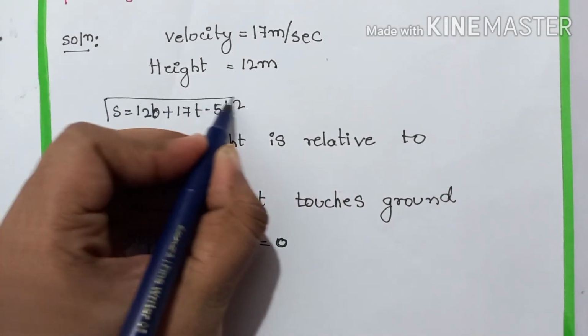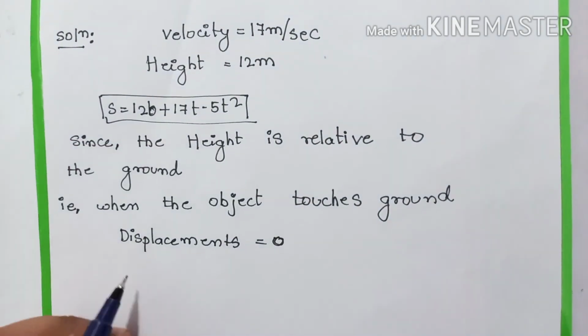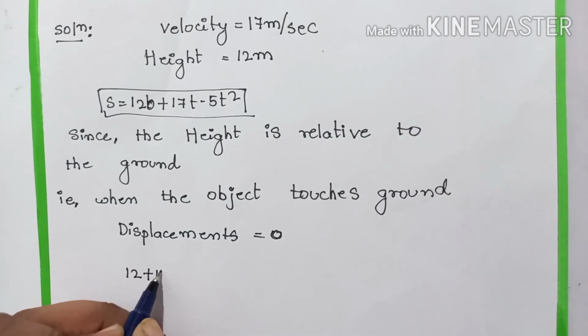So they have given the value of displacement. Now equate this displacement to 0.